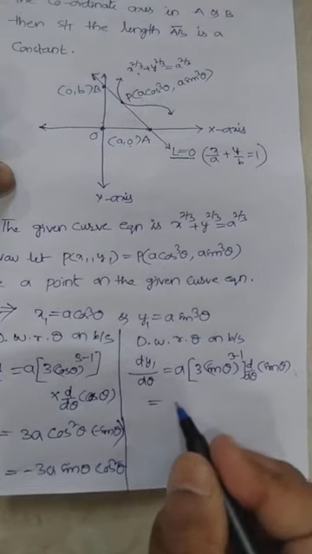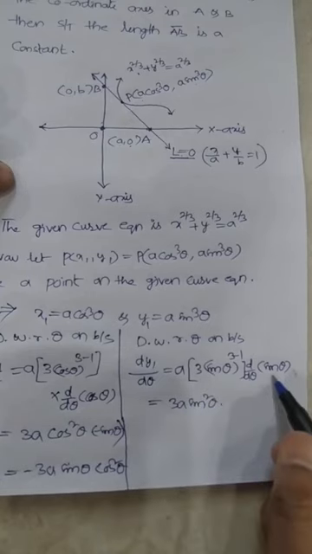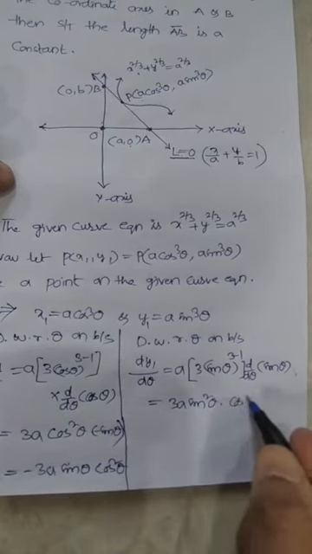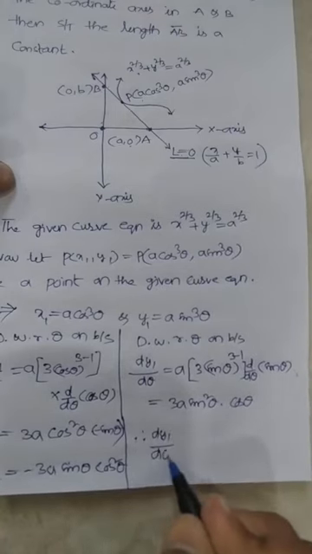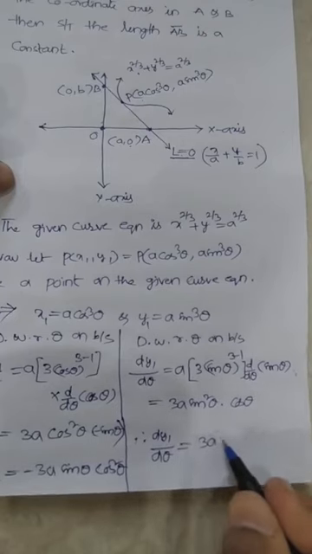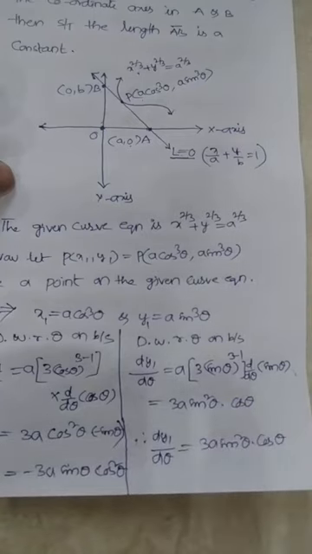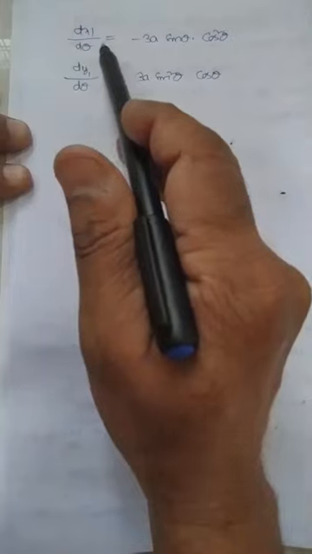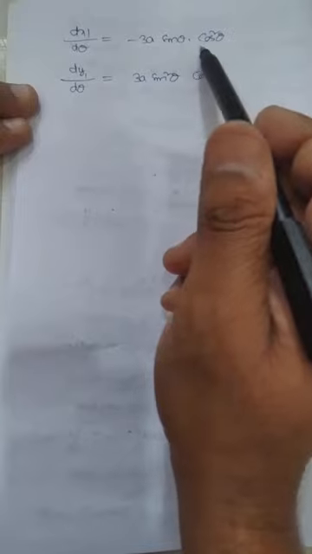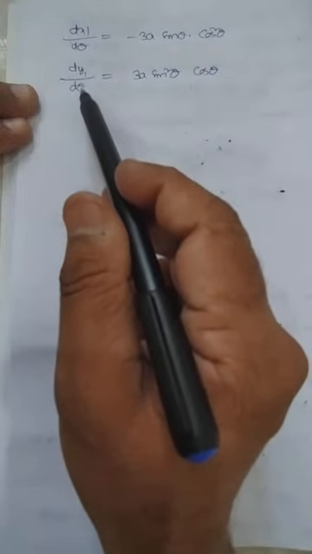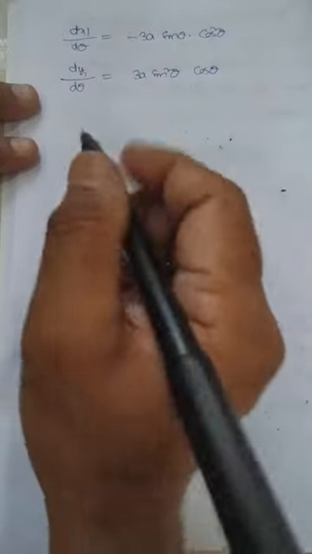So I would get 3a sin square theta into the derivative of sin theta, which is cos theta. Therefore dy1 by d theta is equal to 3a sin square theta into cos theta. So what I got: dx1 by d theta is equal to minus 3a sin theta into cos square theta, and dy1 by d theta is equal to 3a sin square theta into cos theta.